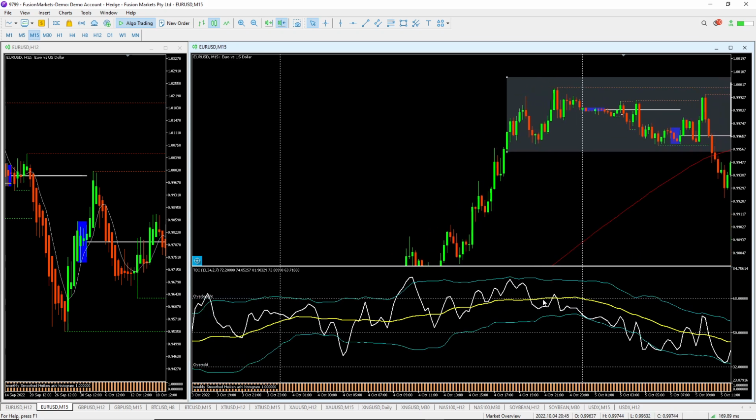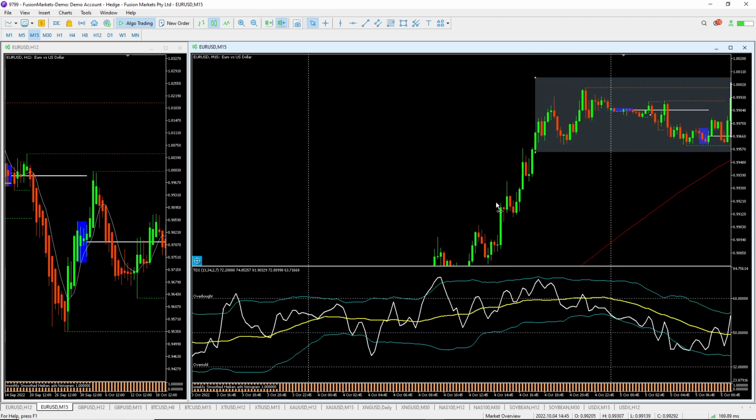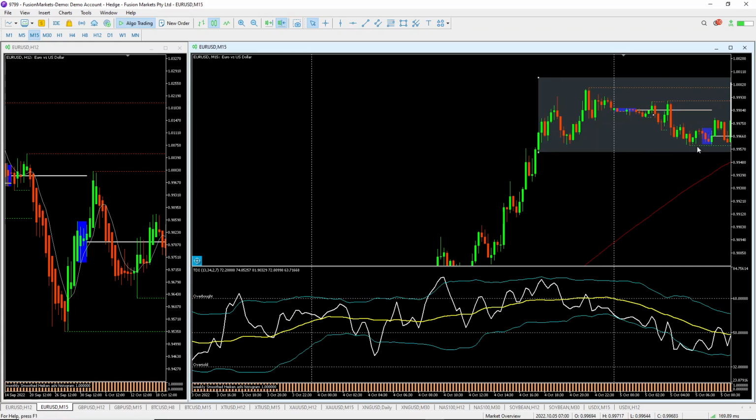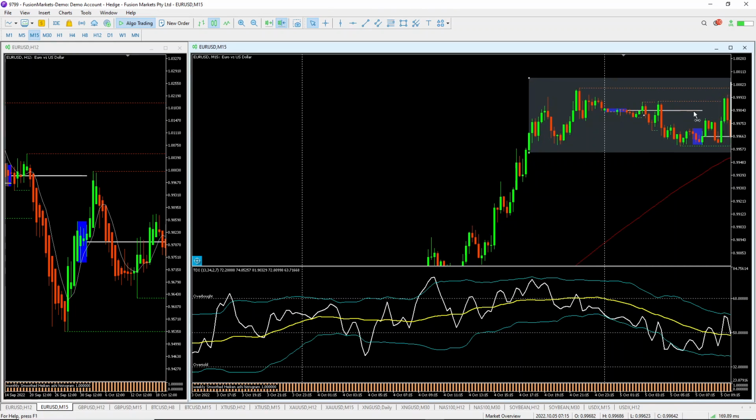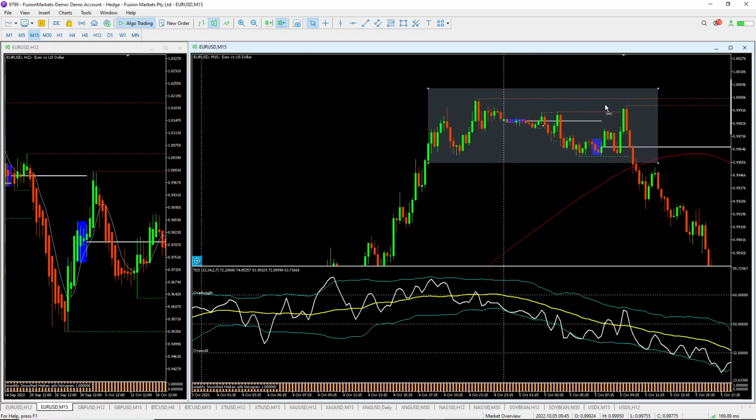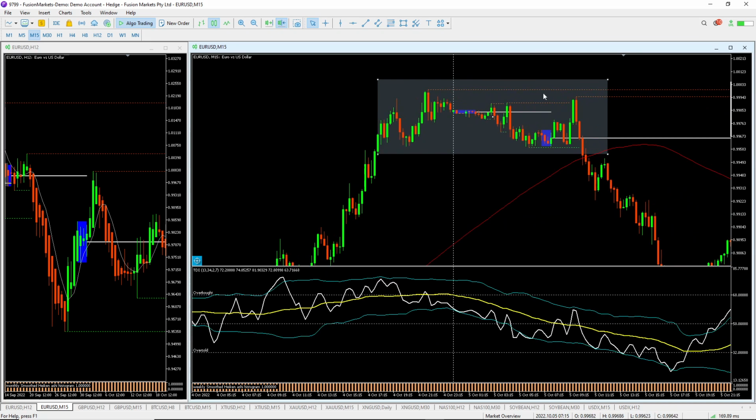The mustard touched the 68 level there, even went a little bit over it, and then all the price action after it was below the mustard. You see the white below the mustard. And here would have been a nice spot to try and anticipate.